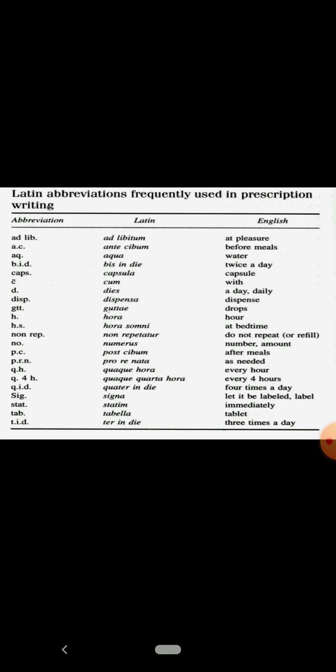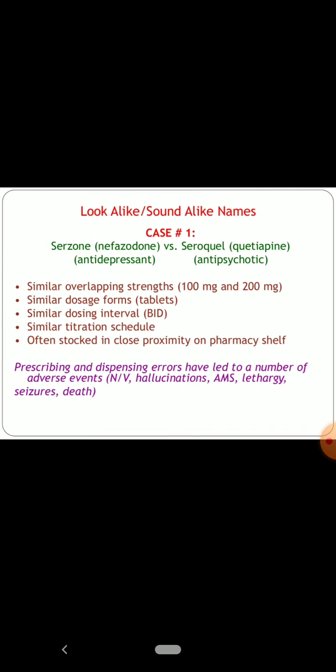These are some of the Latin abbreviations which are frequently used in prescription writing. Look-alike or sound-alike names, like case 1, Serzone, that is nefazodone, versus Seroquel, which is quetiapine, an antipsychotic.